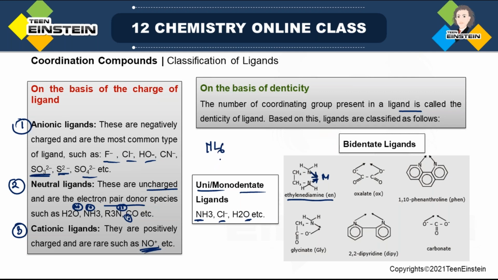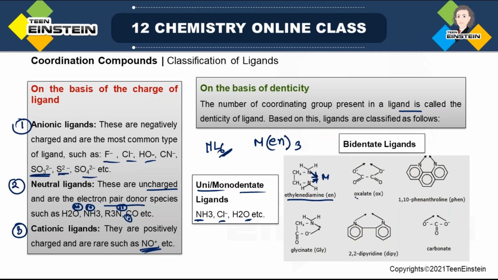But if it is a bidentate ligand, suppose en, then to fulfill these 6 coordination sites, 3 ethylene diamine is enough, because per en you are getting 2 donating sites. So this is one example that we have already seen.